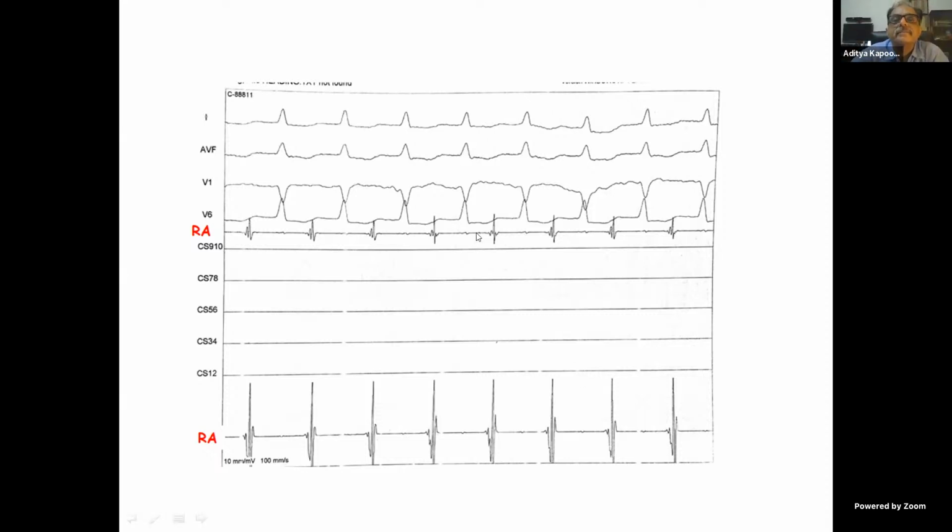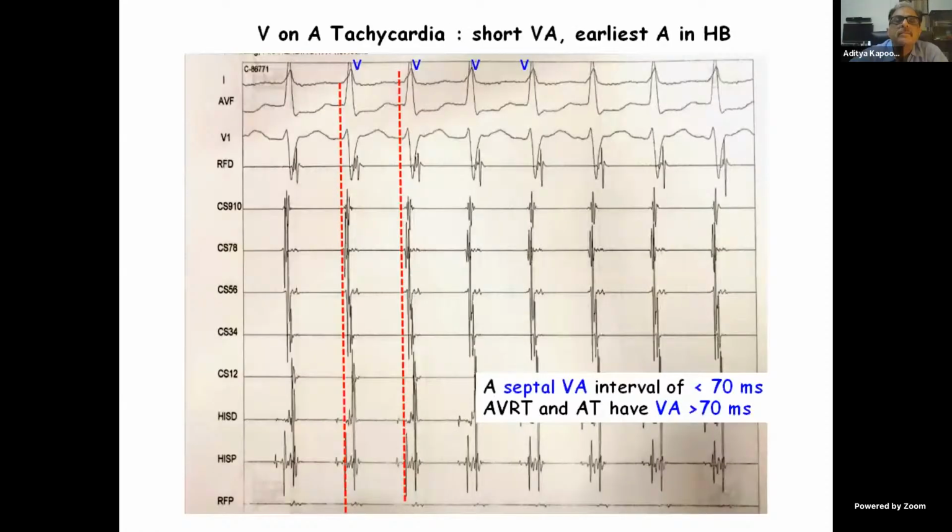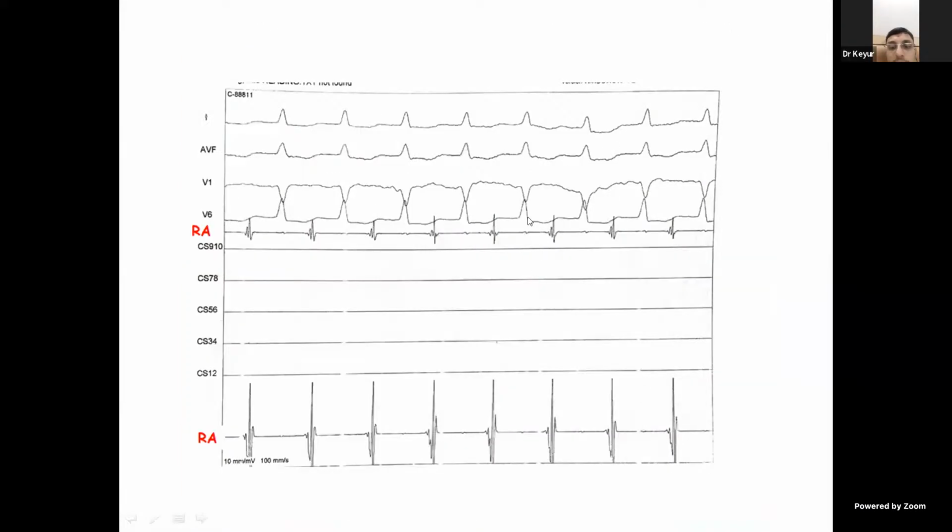Not correct. As soon as you see that the A is outside the QRS, V is here, A is here, so this is not V on A. Look at the previous one, that is what a V on A tachycardia is, okay? As soon as you see that the A is outside, this is a long VA tachycardia.